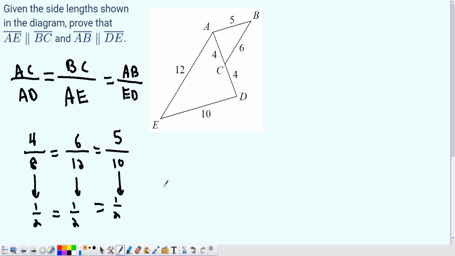So what that means is that we have similar triangles. Now this part's a little tricky, lining up everything. Again, I'm going to start with the smaller one, ABC, and it's similar to triangle... Well, if we look at the path ABC, like A to B to C, A to B is that medium length of 5, and then from B to C is the largest length, 6.